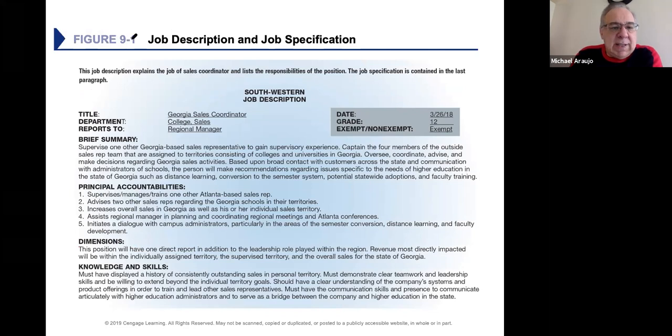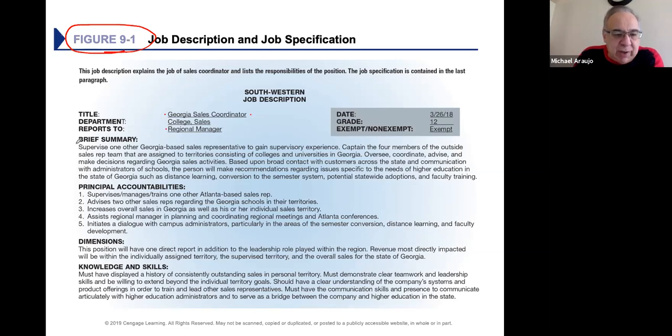So here is an example, figure 9.1 here, showing that this company has a job description for, in this case, the Georgia sales coordinator for this company in the college sales department, reporting to the regional manager.